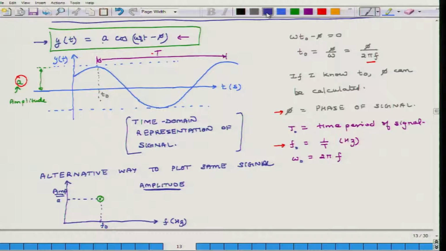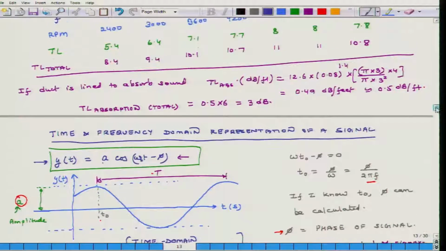And then I have another graph. And in the other graph, what I do is I depict the phase of the signal. So, it is a phase plot. On the x axis it is frequency, and on the y axis I plot phase, and let us say that the value of this phase is again phi naught.